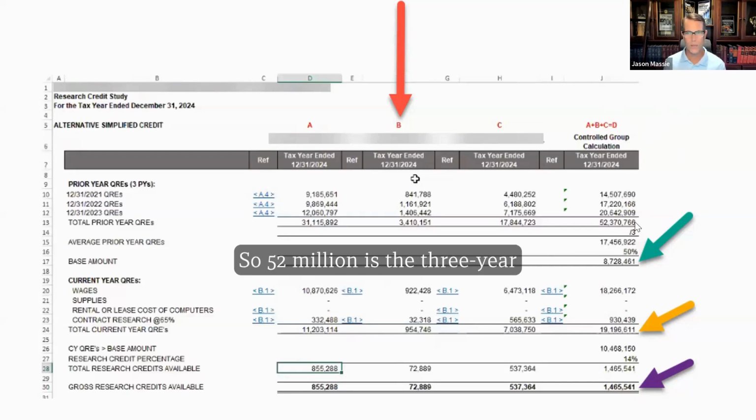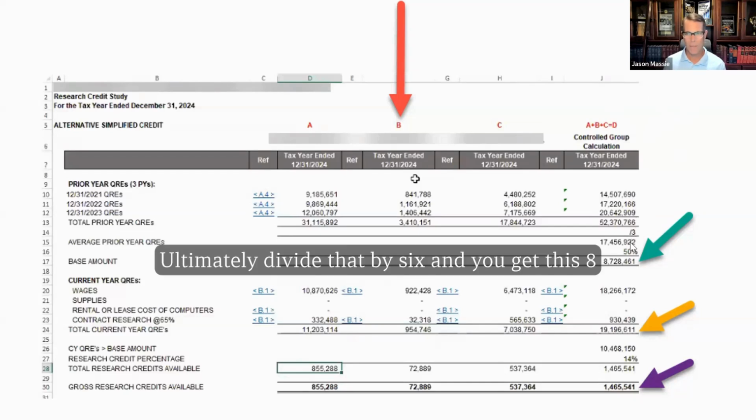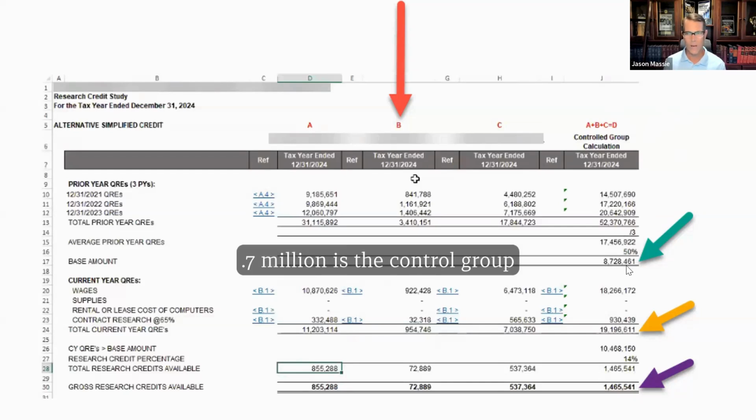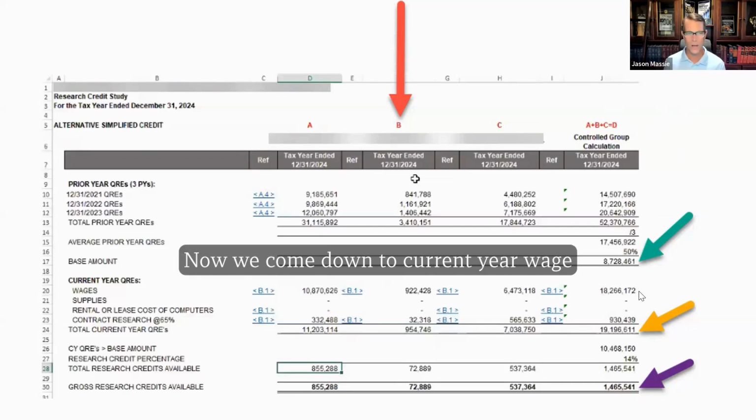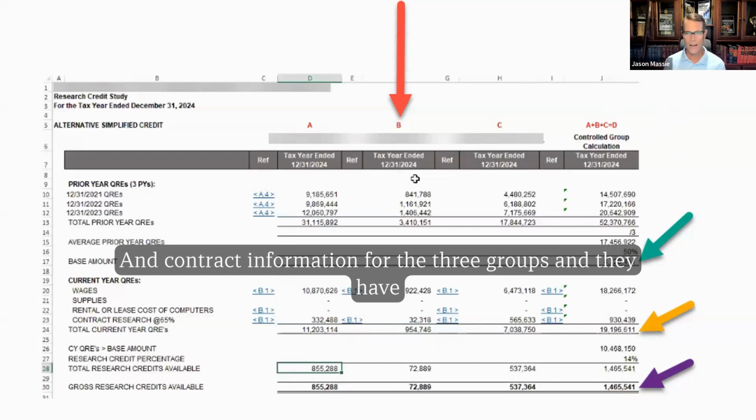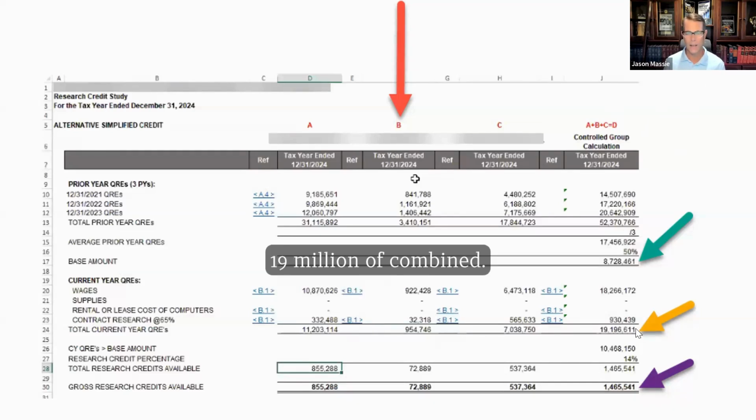So 52 million is the 3-year average. Ultimately, you divide that by 6 and you get this 8.7 million, which is the control group base period. Now we come down to current year wages, supplies, and contract information for the three groups, and they have 19 million combined. So when you subtract out the 8.7 from the 19, you get 10, and at a 14% credit rate, it's a $1.4 million credit.